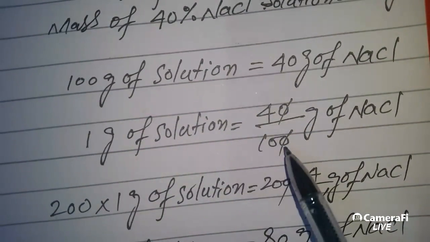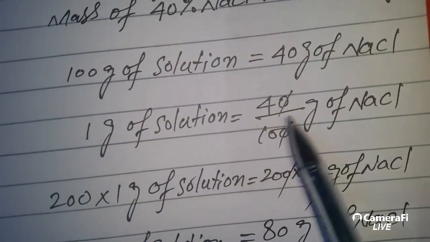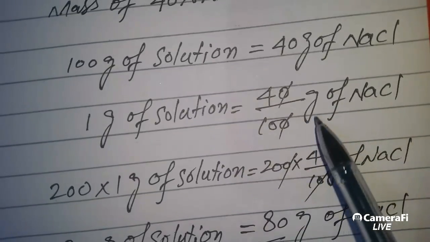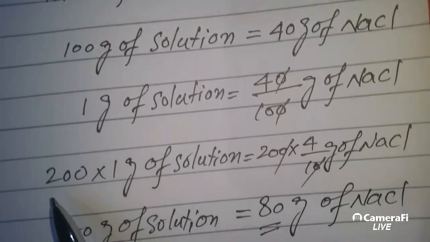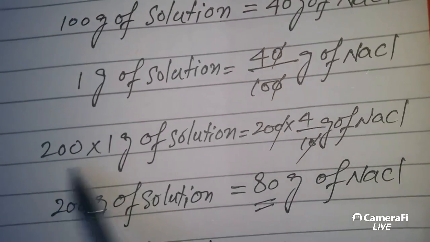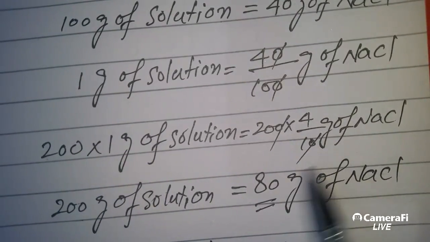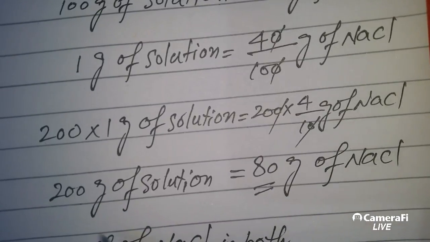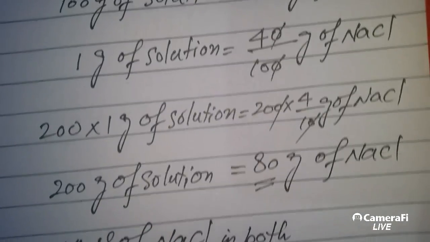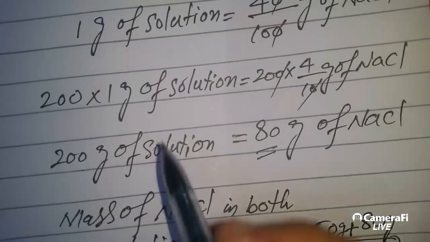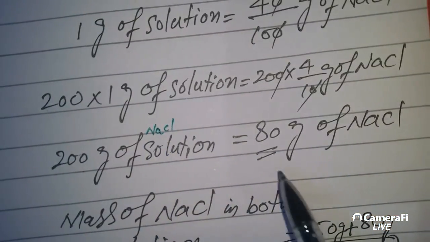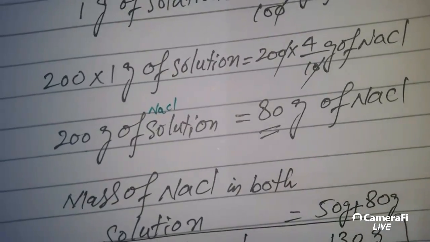So taking 100 to the other side, 1 gram of solution contains this number of NaCl grams, and we have 200 grams of solution. So multiplying 200 on both sides, we get 80 grams of NaCl. So 200 grams of NaCl solution contains 80 grams of NaCl.